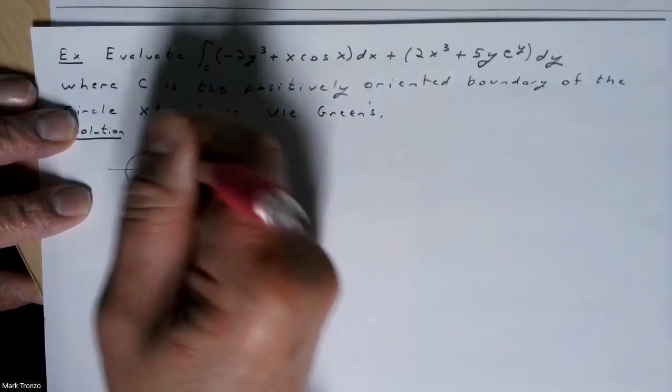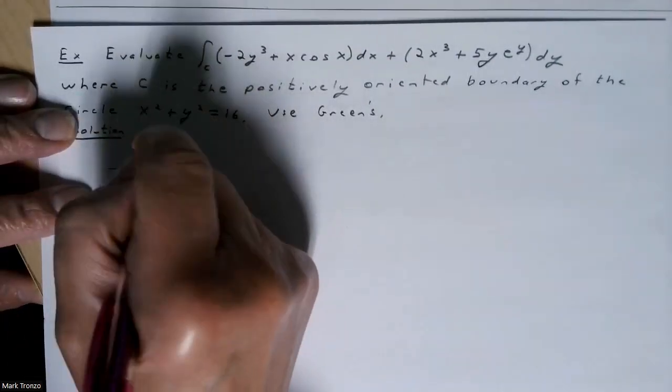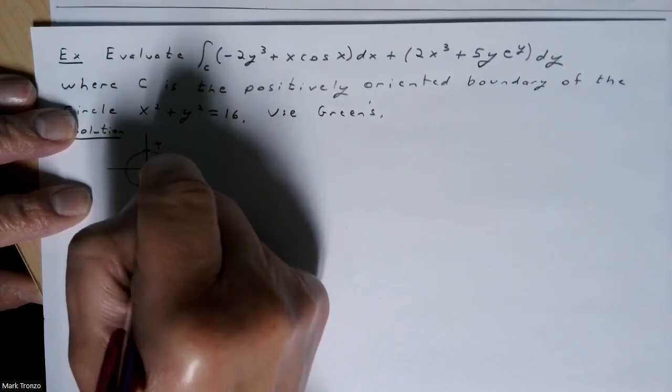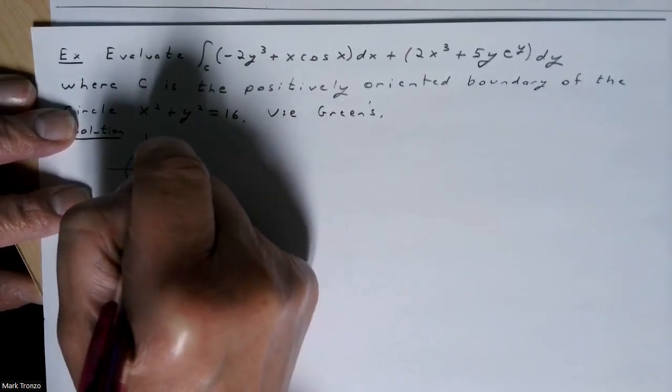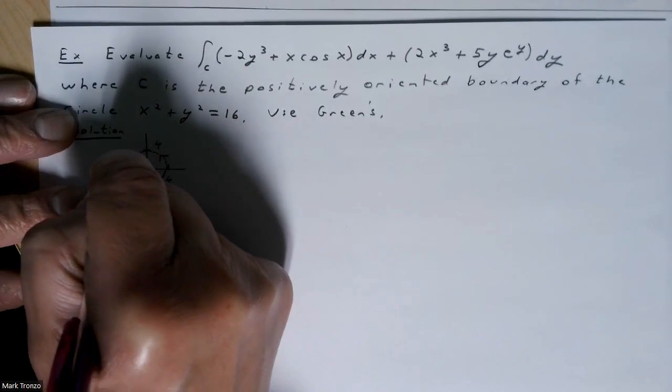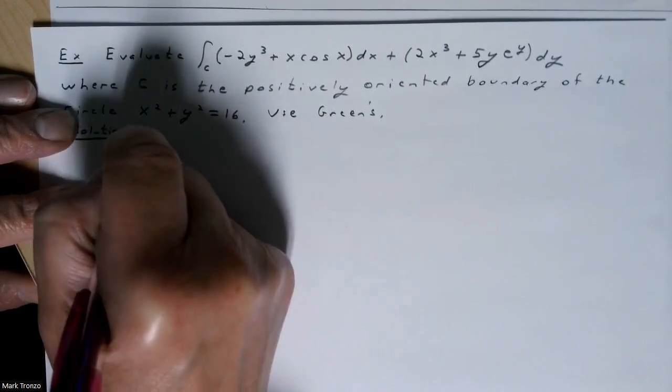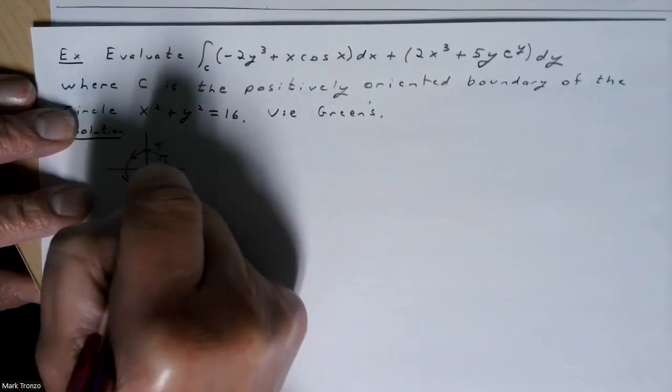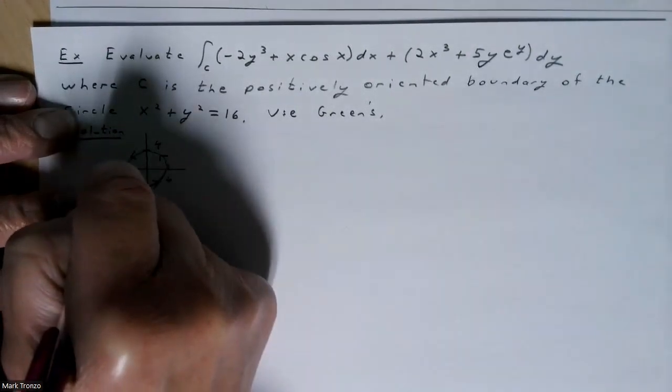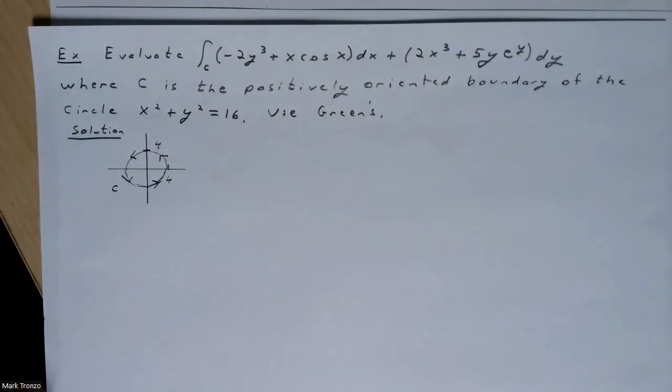And just drawing our domain here, our circle would look something like that. So we have a circle of radius 4.